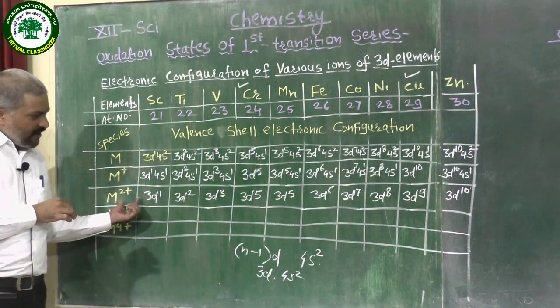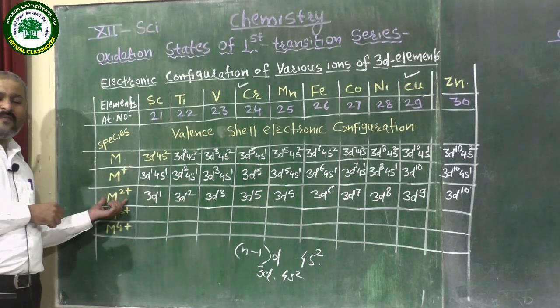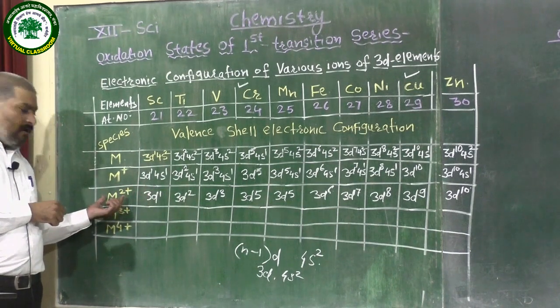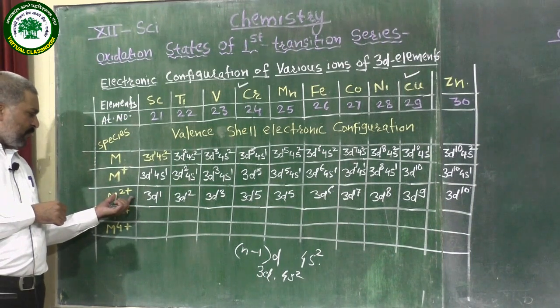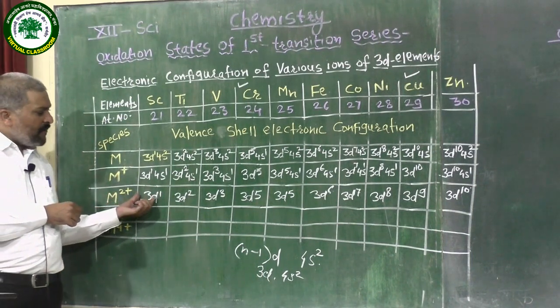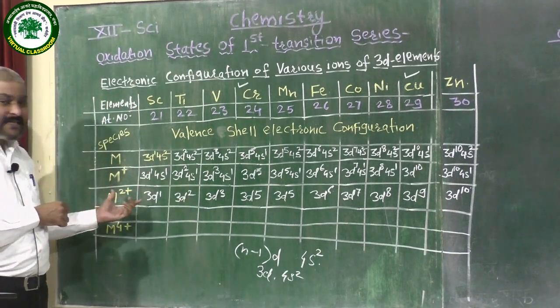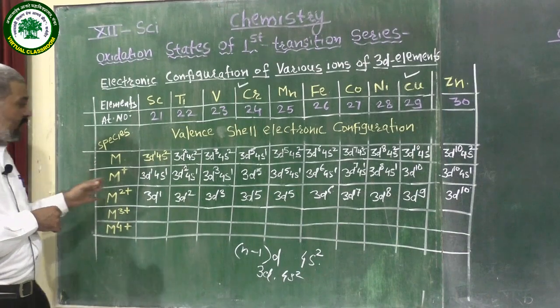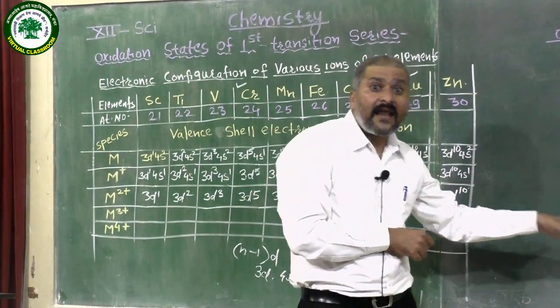From all the electronic configurations in the dipositive, or +2, state, the elements from scandium to zinc attain the electronic configurations 3d1, d2, d3, d4, d5, d6, d7, d8, d9, d10.